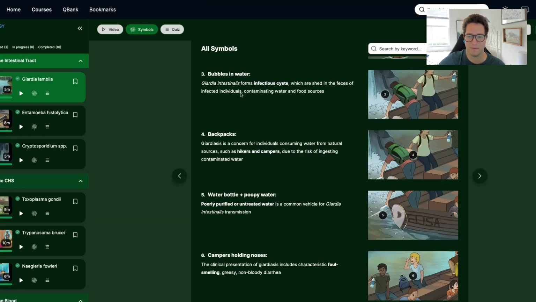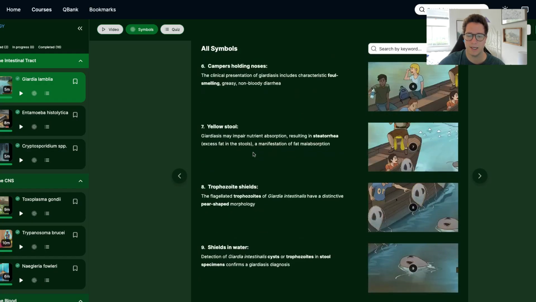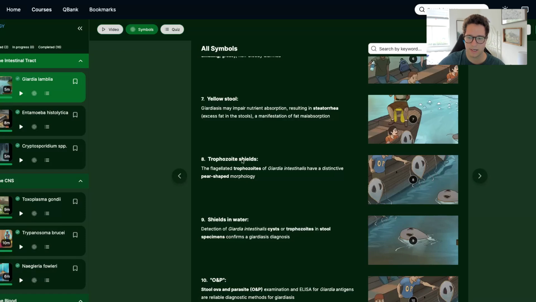And also going back to the bubbles contaminating food and water. That's Giardia. So poorly purified or untreated water, like you can see here, is exactly how you get it. It's like the campers, but it's that foul smelling diarrhea that you think about. Here's our trophozoite shields. They actually look so much like that, which is really crazy.